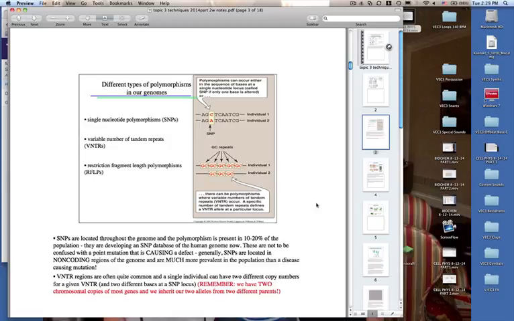So if we knew the regions that were flanking these sites, whether it be a VNTR or a polymorphic region, we could PCR across that. Obviously, with the SNP, we would have to sequence it so that we know whether the polymorphism is there or not. But with the VNTRs, we can just look at how big it is, right?